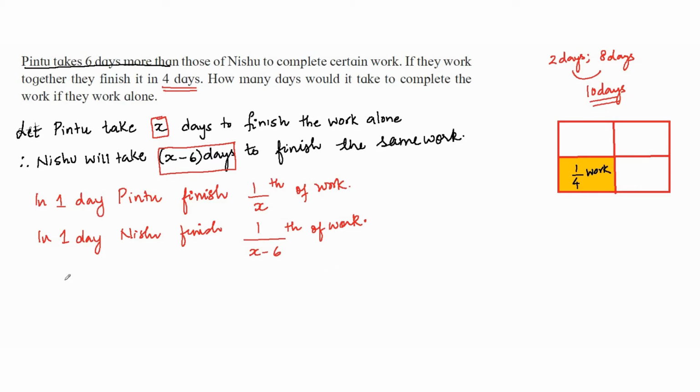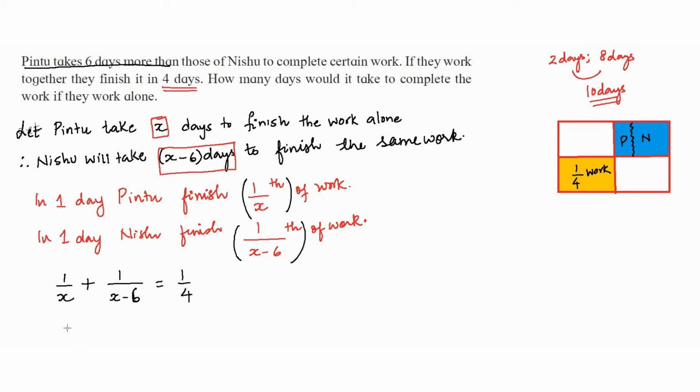That means the work done by Pintu plus the work done by Nishu in 1 day is going to be 1/4. Together in 1 day, they complete 1/4 of the whole work. That is why I have added the work done by them in 1 day. So 1 by x plus 1 by x minus 6 is equal to 1/4.